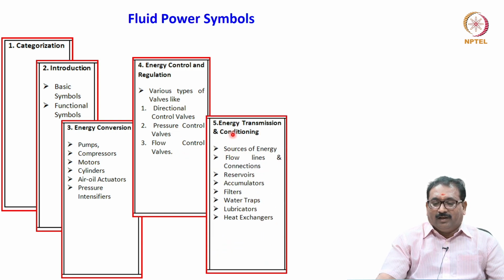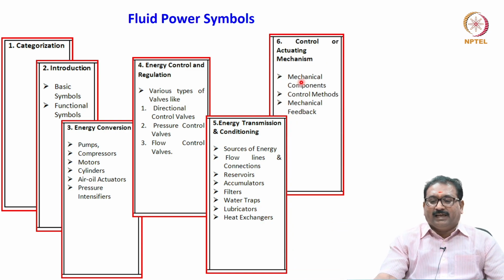The 5th category includes energy transmission and conditioning elements: sources of energy, flow lines and connections, reservoirs, accumulators, filters, water traps, lubricators, heat exchangers. The 6th category includes control of actuating mechanisms, including mechanical components, control methods, mechanical feedback.